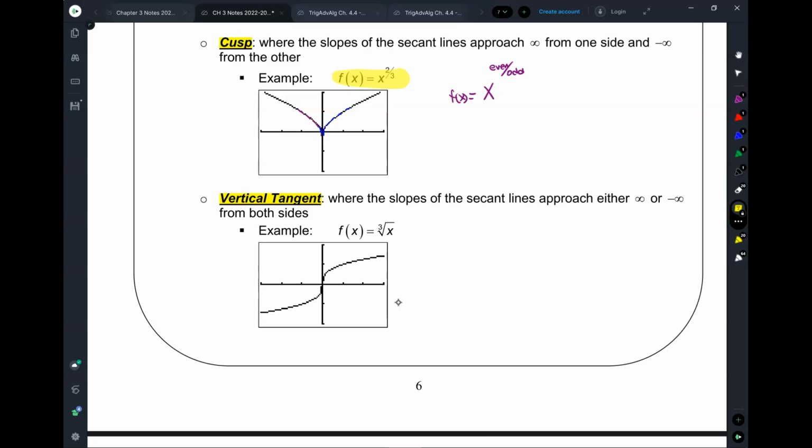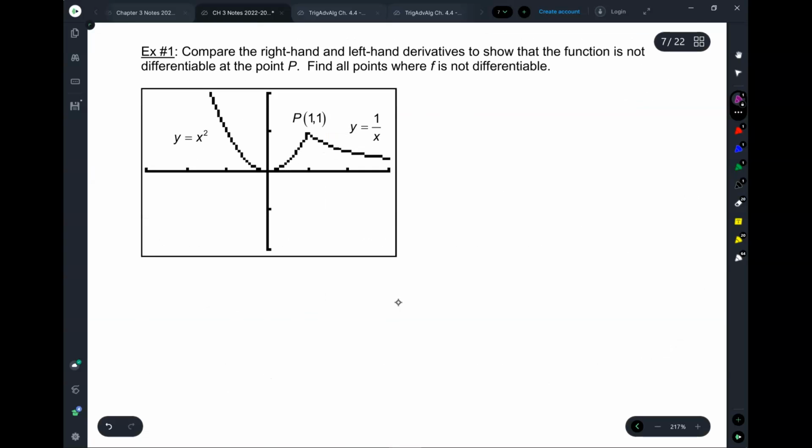That happens when you have a cube root, so when you have an odd root, like a cube root, fifth root, whatever. That's all you need to know. The vertical tangent is also non-differentiable. All four of those are not differentiable.